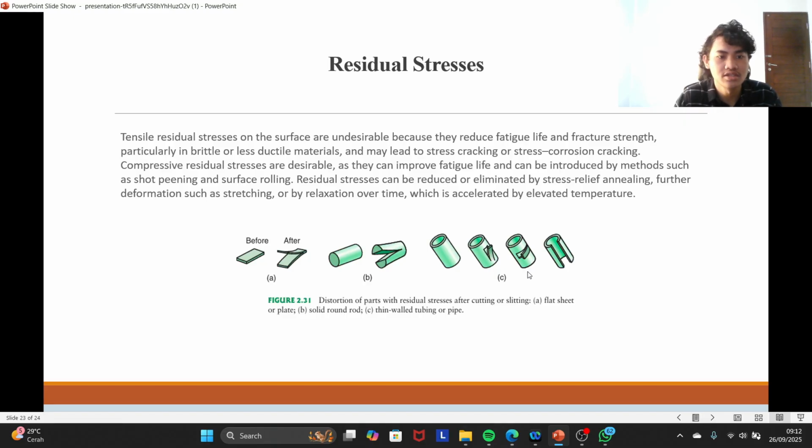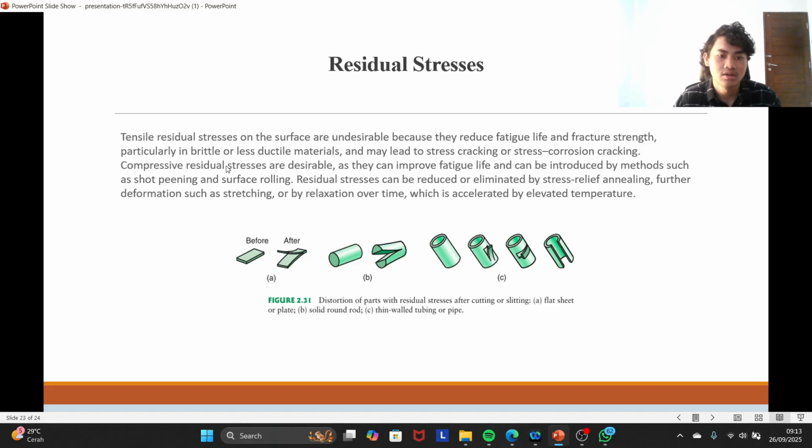Tensile residual stresses on the surface are undesirable because they reduce fatigue life and fracture strength, particularly in brittle or less ductile materials, and may lead to stress cracking or stress corrosion cracking.